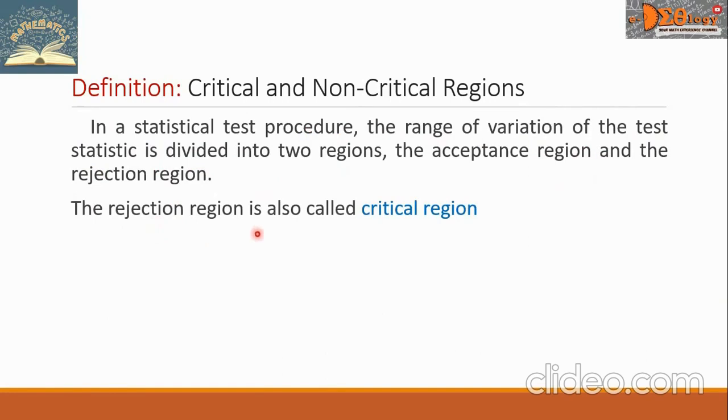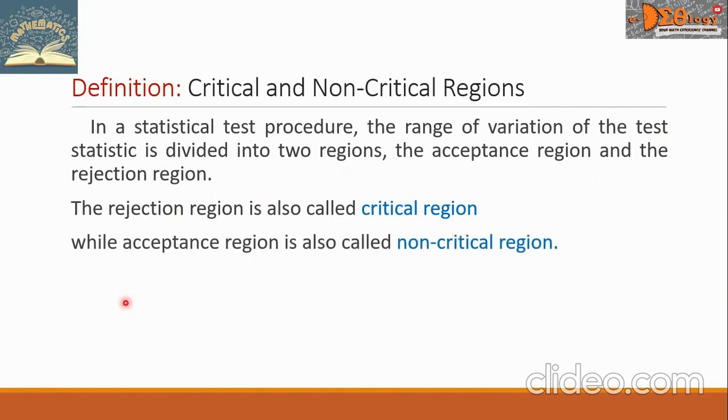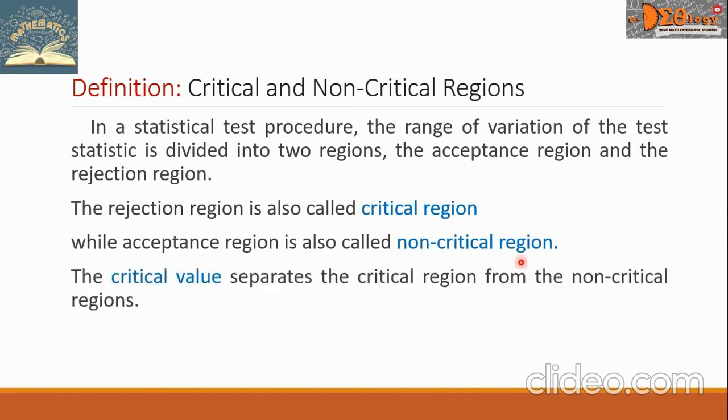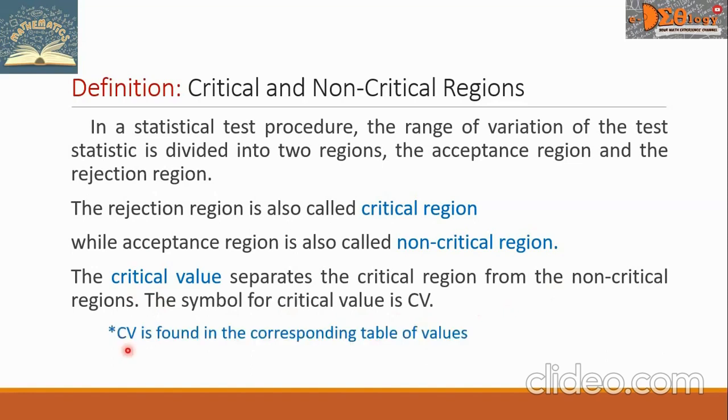The rejection region is also called critical region, while acceptance region is also called non-critical region. The critical value separates the critical region from the non-critical regions. The symbol for critical value is capital C and capital V. Critical value is found in the corresponding table of values.